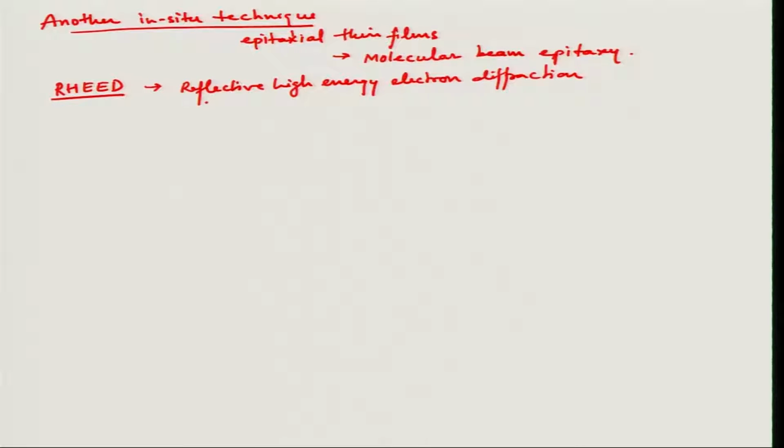Okay. So, in this technique what you do is that on your substrate, where this thin film is being deposited on top, you have a high energy electron beam which is coming onto your substrate, and then there is a detector. Okay.